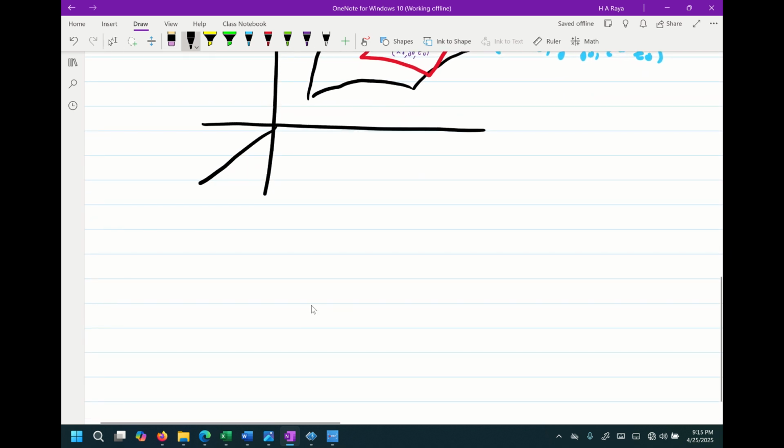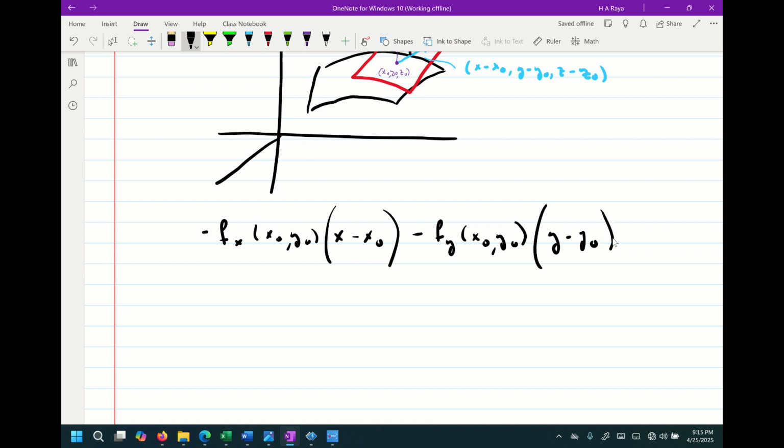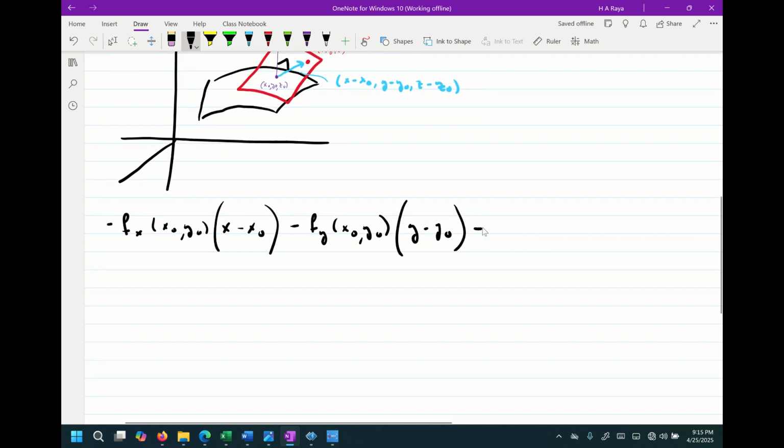So in other words, when I take negative partial derivative of f with respect to x at x naught, y naught, and multiply it times x minus x naught, and add negative partial derivative of f with respect to y at x naught, y naught, and multiply that times y minus y naught, and add 1 times z minus z naught, that should give me 0.